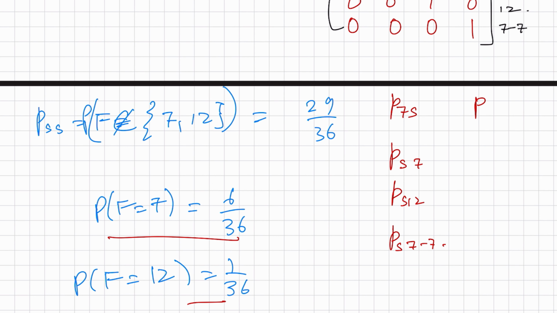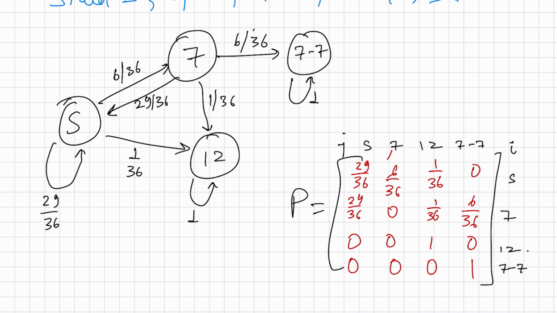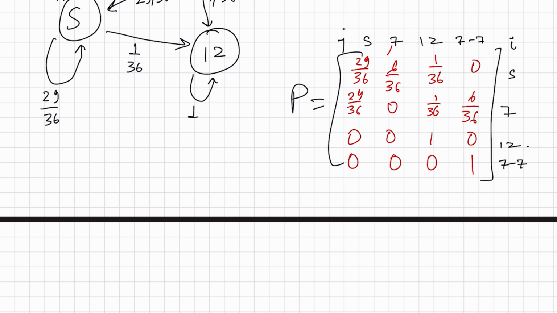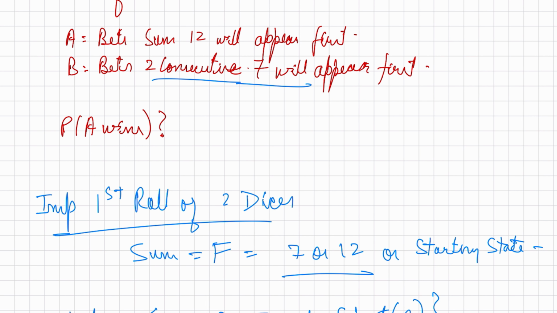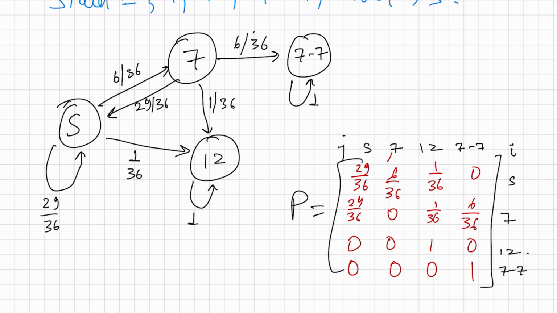Okay, so I'm just going to add a new page here. All right, so what are we saying? The question asks us, what is the probability A wins? Now let's try to model this in the Markovian world. A wins when we reach state 12, and it's an absorbing state.